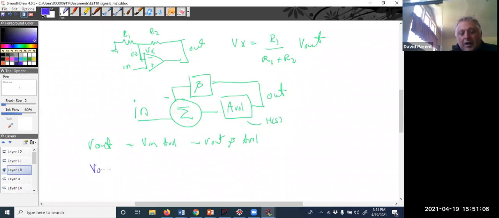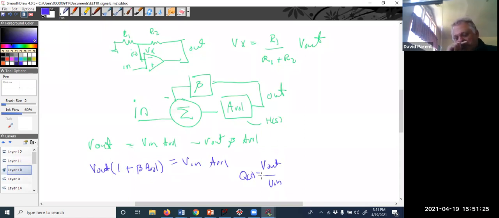All right, so now I collect the V out terms, 1 plus beta open loop gain, V out, equals open loop gain times V in. Solve for V out over V in, which in control systems, the new function we call Q of S instead of H of S, right?